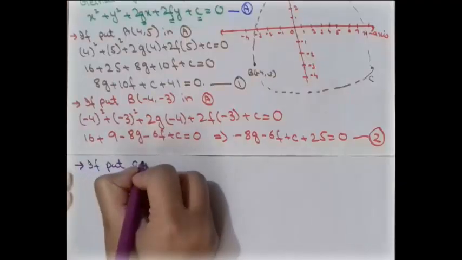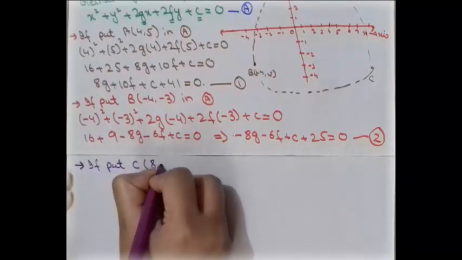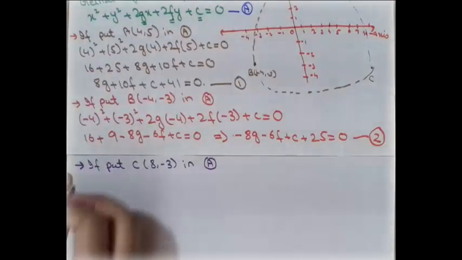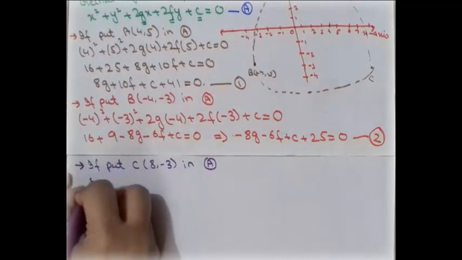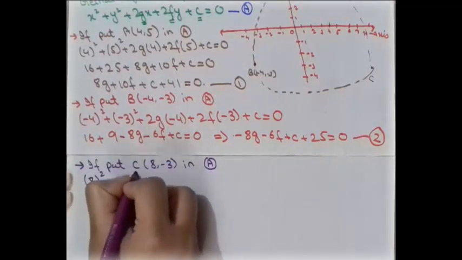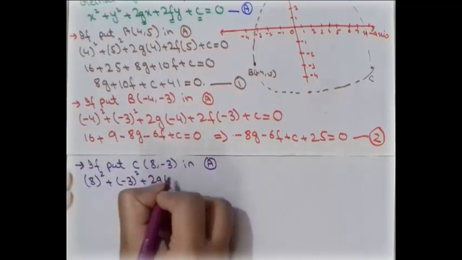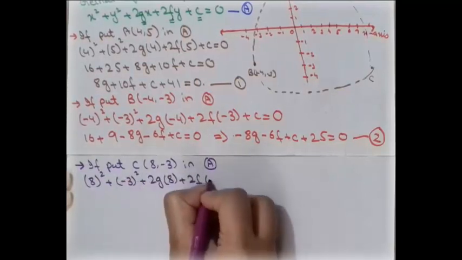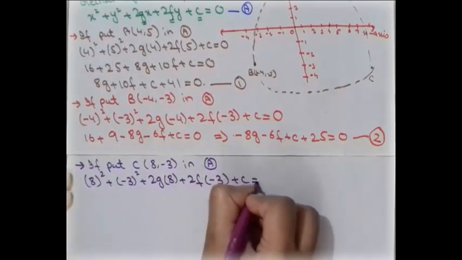We put the last point, which is (8, -3), in equation A. So the value of x is 8 in this case: 8 squared plus (-3) squared plus 2g times 8 plus 2f times y, and y is -3, plus c, which is equal to 0.